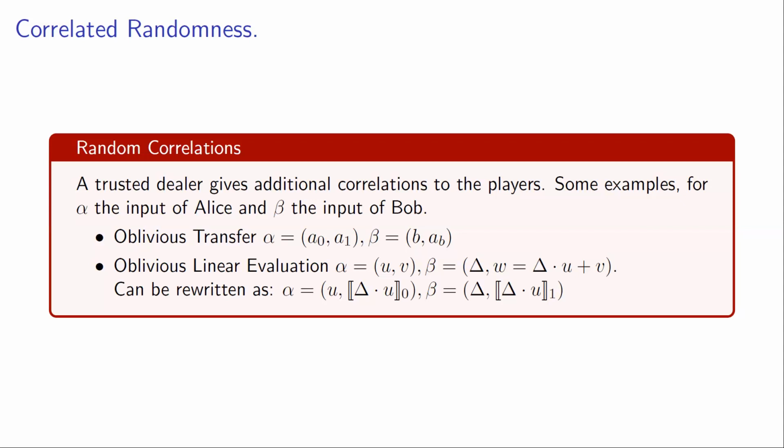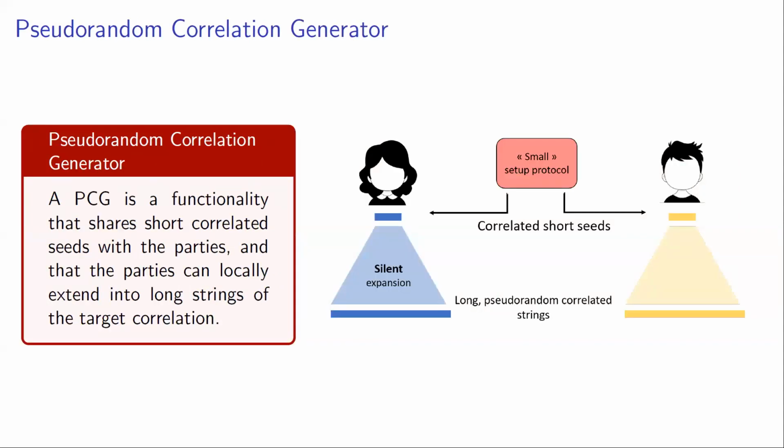Therefore, we want a way to generate OLEs in a very efficient way, because we want to produce many. This motivates the idea of a pseudo-random correlation generator, which is in the same flavor as a pseudo-random generator.